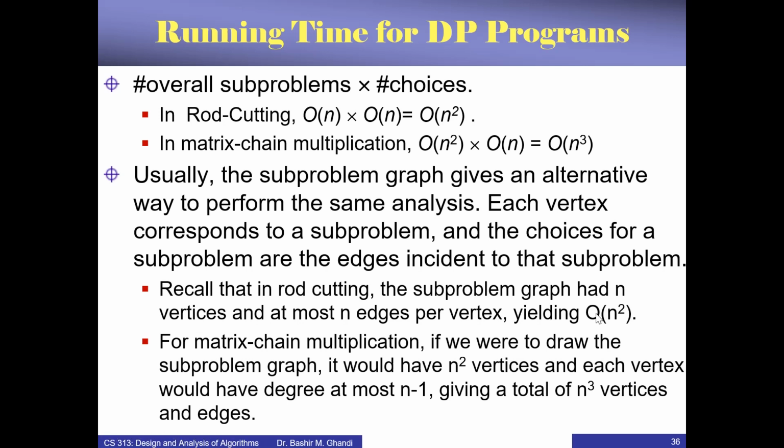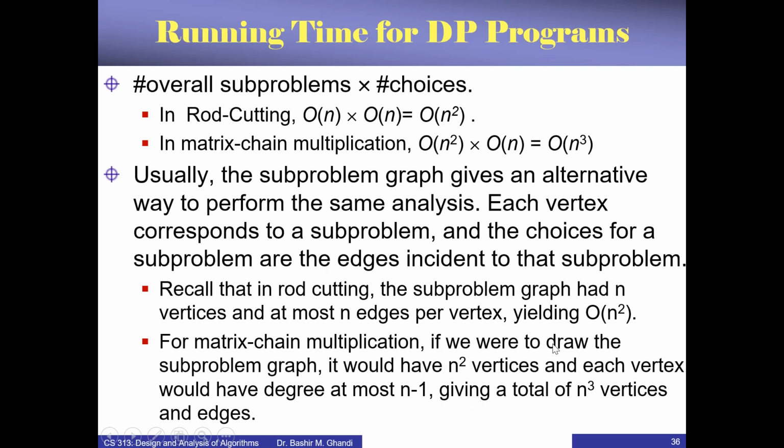For the matrix chain multiplication, if we were to draw the subproblem graph, it will have n squared vertices because there are n squared subproblems, and each vertex will have a degree of at most n, or n minus 1, giving a total of n cubed.